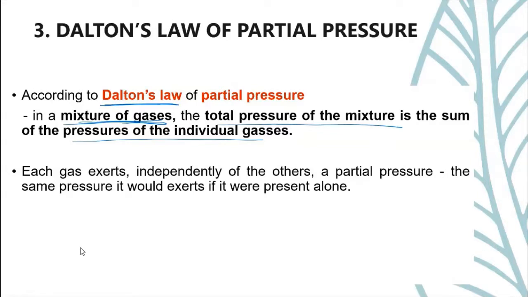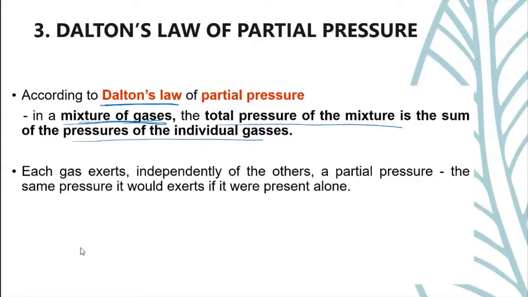So obviously in the atmosphere you have oxygen, you have nitrogen, you have carbon dioxide, you have other inert gases. So the total pressure of these gases is similar if these gases were to exist alone. Macam tu, okay?